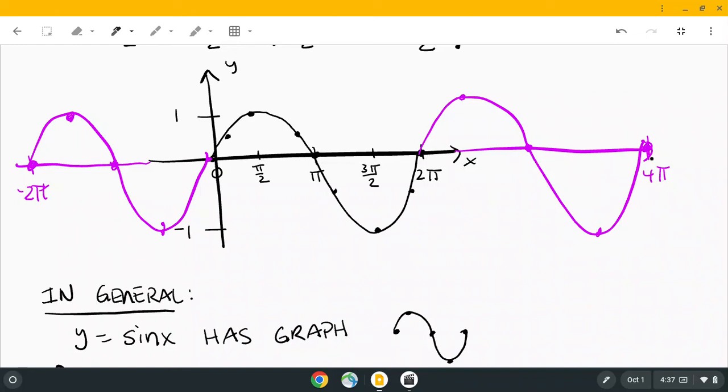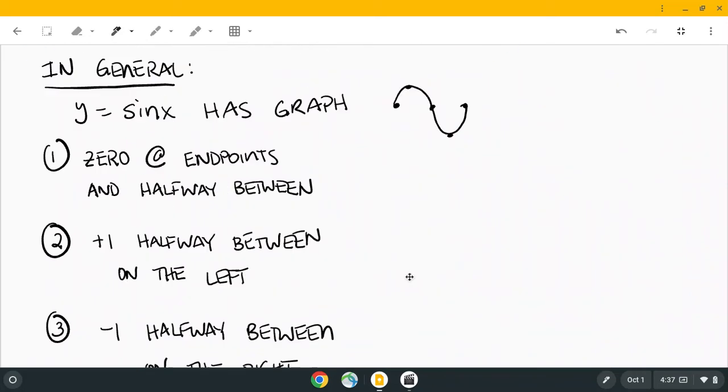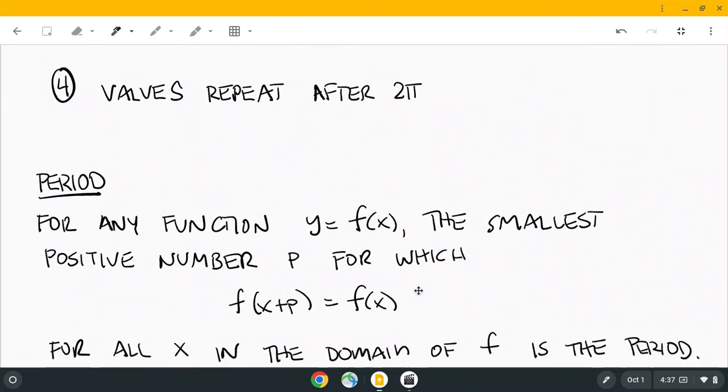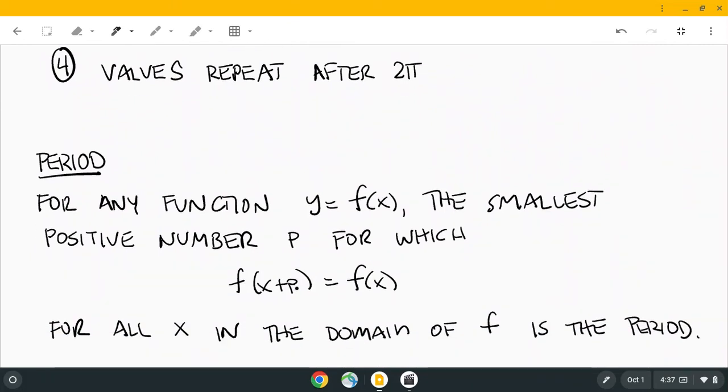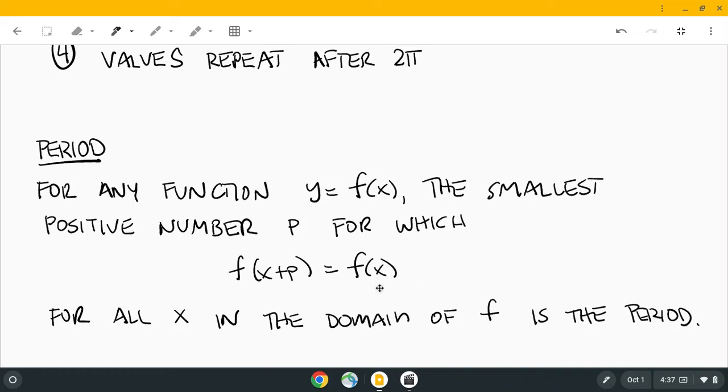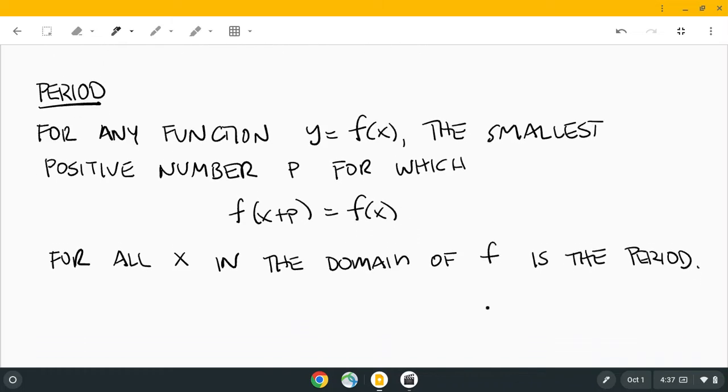Same thing here. If there's some number where you shift that much over, you'll still get that same y value. That's what that p represents.